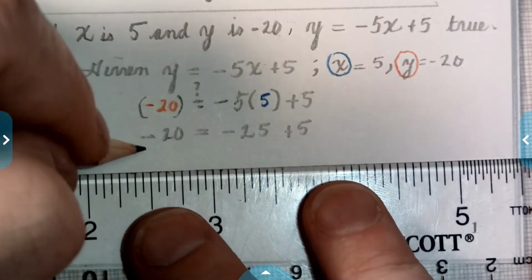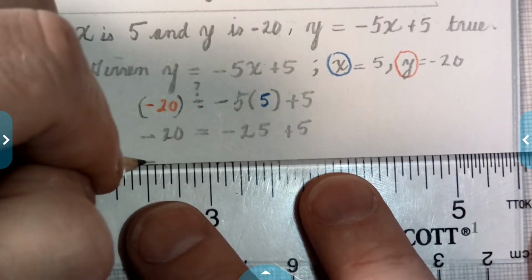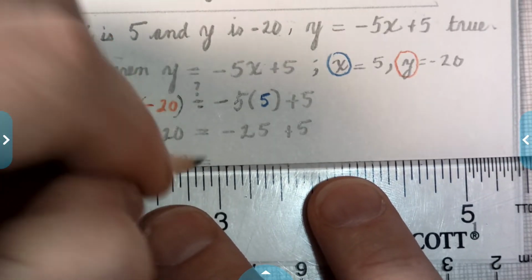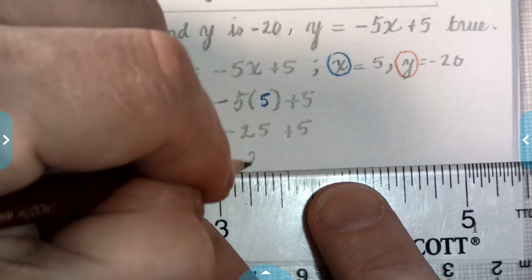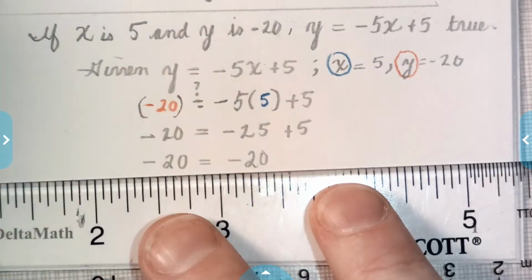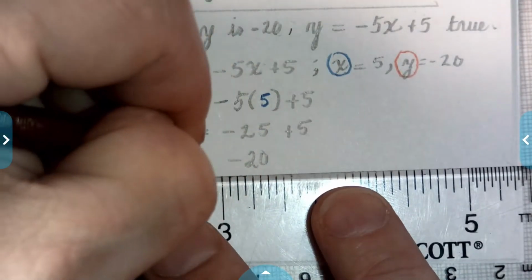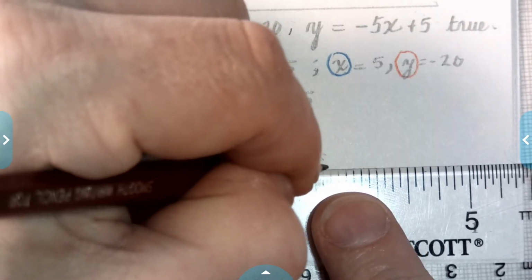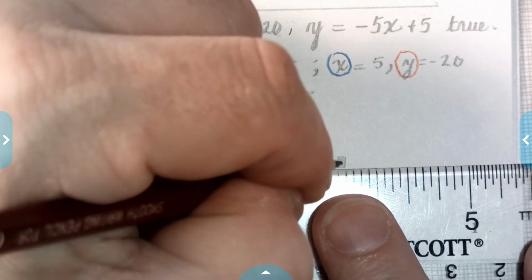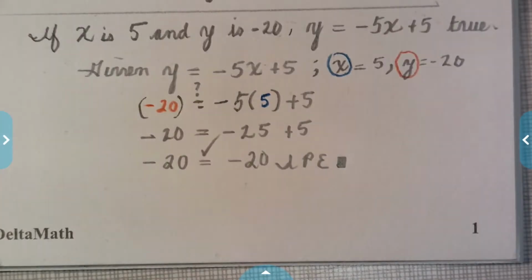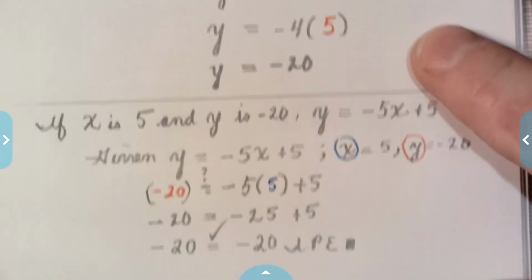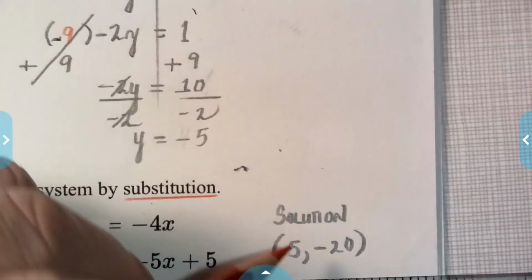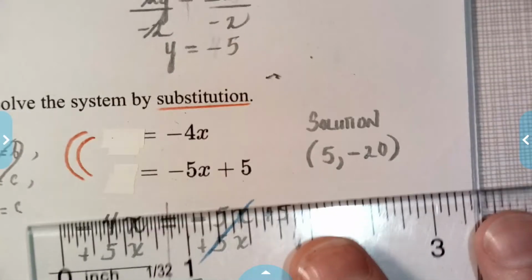Well, negative 25 plus 5 is negative 20, so negative 20 equals negative 20. Okay, and that's true by the identity property of equality. And so this solution here is correct, right?